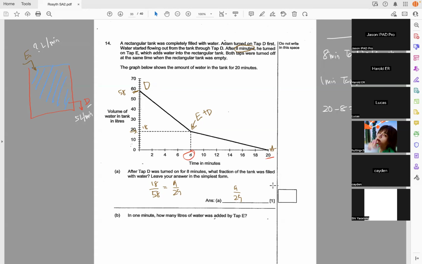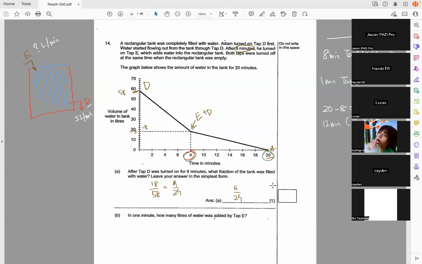Okay, so how much water was drained out during that 12 minutes? During the 12 minutes, tap D and E drain out how much water? Drain out 20 minus 8, okay? Sorry, not 20 minus 8. 18 liters, drain out 18 liters. 20 minus 8 is the time.